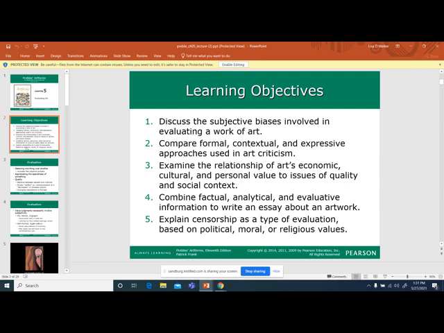Criticism doesn't mean to call it bad names. Criticism can be to say good or bad or indifferent things about a piece of art. That's just the term. We're going to talk about what this piece of art has to do with the economy or how much it's worth in some cases, cultural and social context, personal context. There's a lot of work that has been done recently about various non-cis aspects of human sexuality.